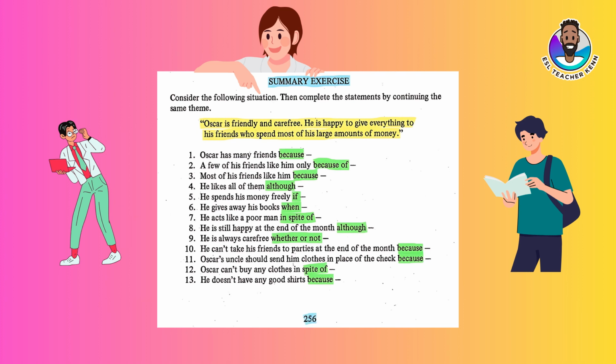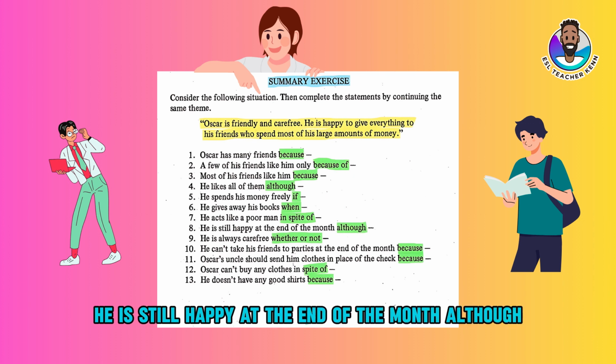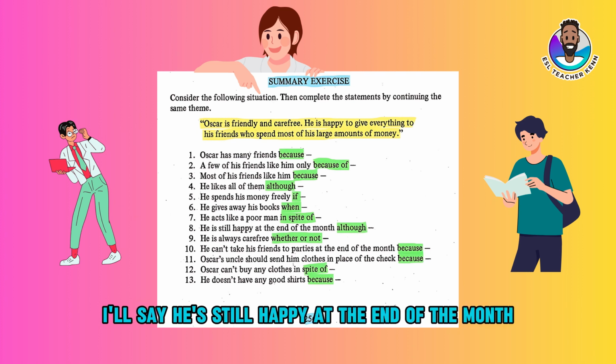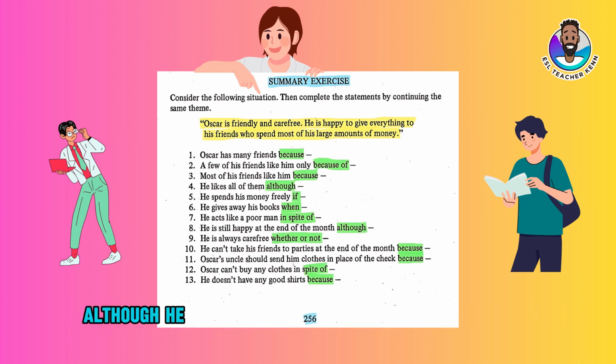Number 8. He is still happy at the end of the month, although... I'll say he is still happy at the end of the month, although he has spent lots of money with his friends.